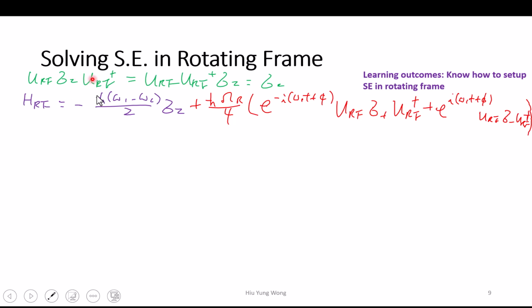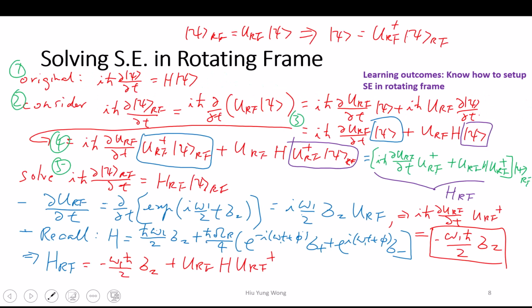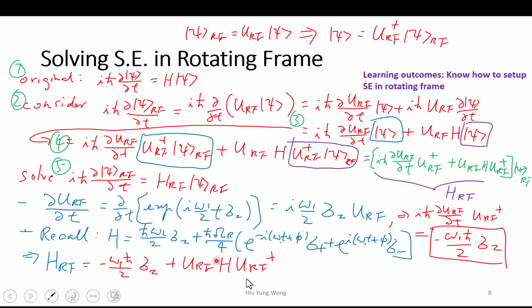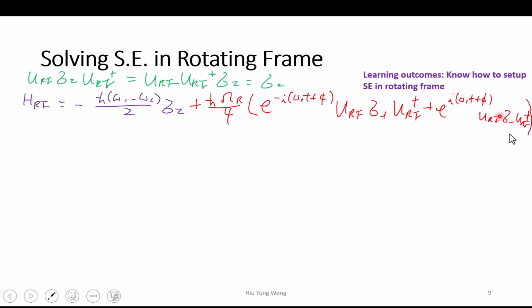Here I try to show you the H has these two parts. The transformation of this part is easy because they commute, so I just take this out. As a result, I get this term. But then the transformation for the rest is not that straightforward. I just apply the H to the sigma plus and sigma minus.